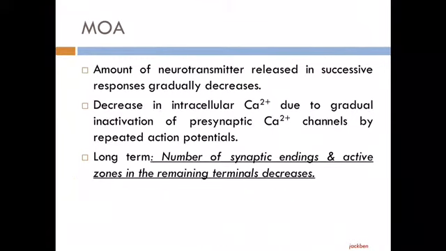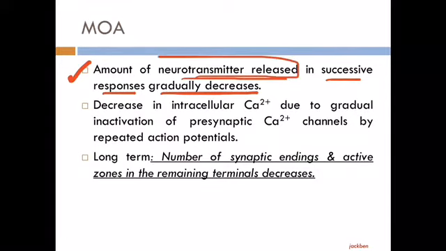That will happen at the first stimulus. The amount of neurotransmitter released in successive responses will gradually decrease. Why is there a decrease? The decrease in neurotransmitter release is because of decrease in intracellular calcium due to gradual inactivation of the presynaptic calcium channel by repeated action potentials.